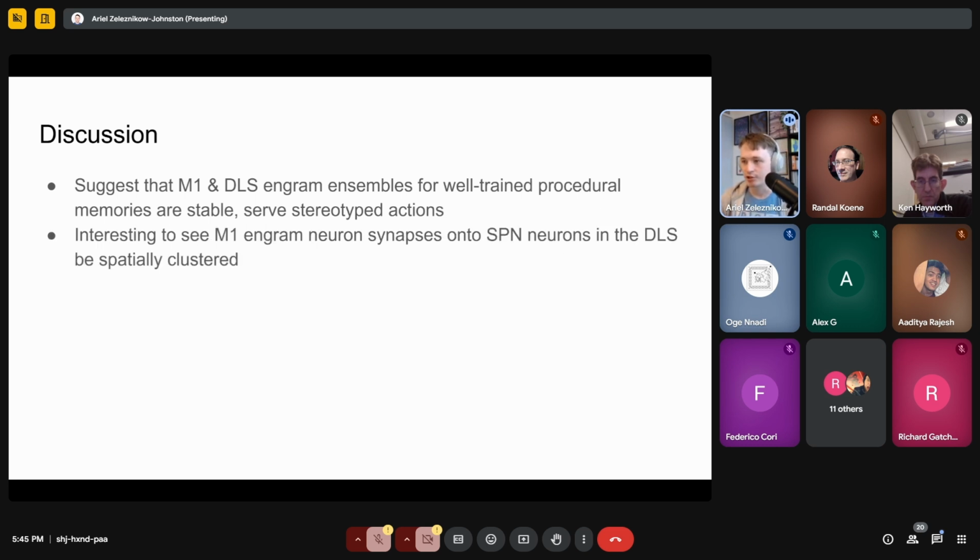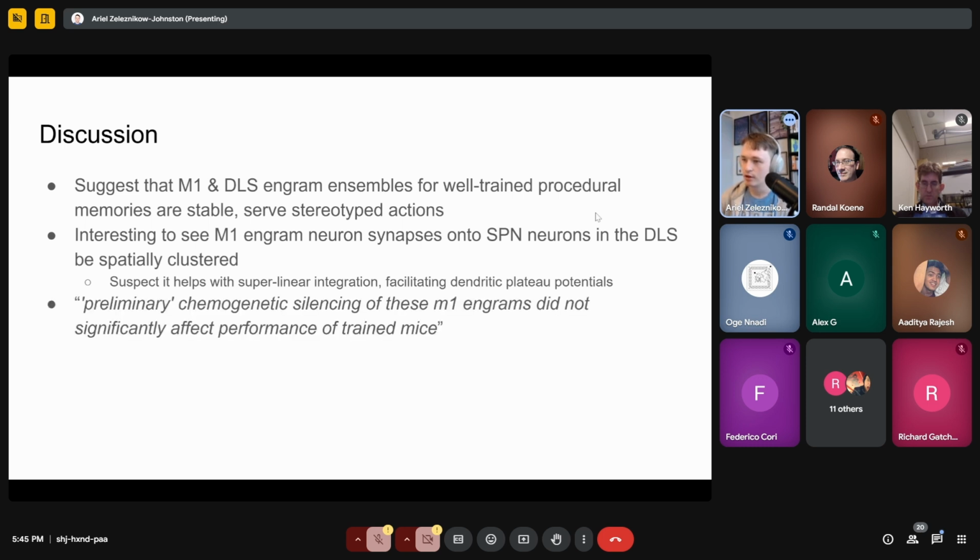They note that it's quite interesting to see this spatial clustering of the M1 engram neurons onto the SPN neurons, which they suspect, quite reasonably I think, helps with superlinear integration of outputs from the M1 onto the DLS neurons. So ensuring, presumably, action potentials in those SPN neurons.